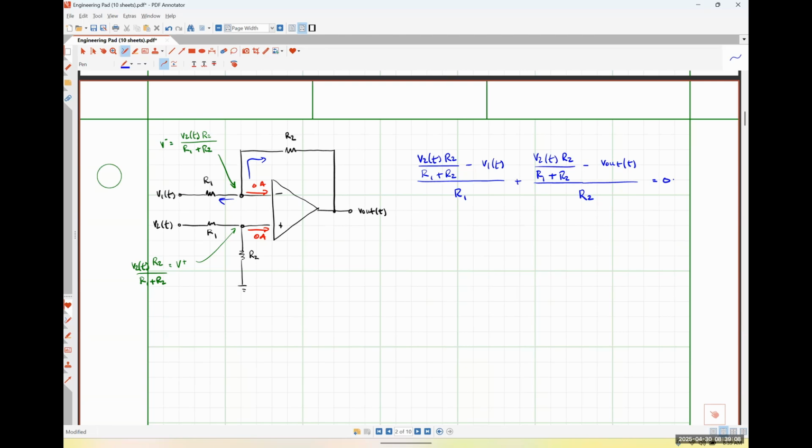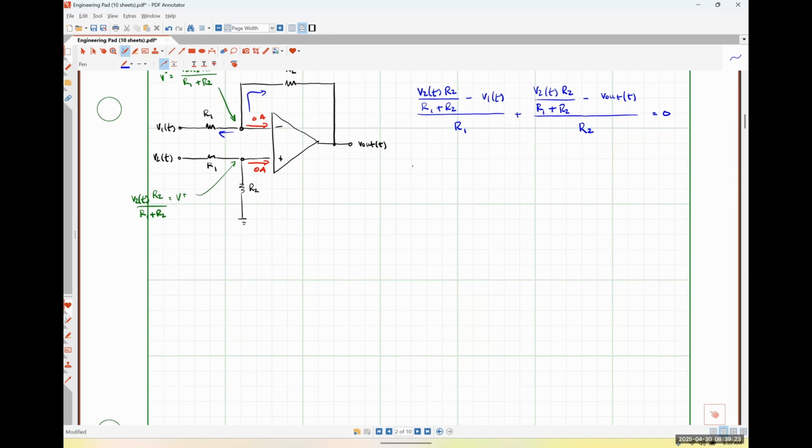So I'm going to do something here that's going to make our lives a little bit easier, okay? I'm going to multiply that factor of V1 by an R1 plus R2 over an R1 plus R2, okay? I'll explicitly write this out so that we can follow the math. So V2 times R2 over R1 plus R2 minus, sorry, I wrote VI instead of V1, V1 times R1 plus R2 over R1 plus R2.